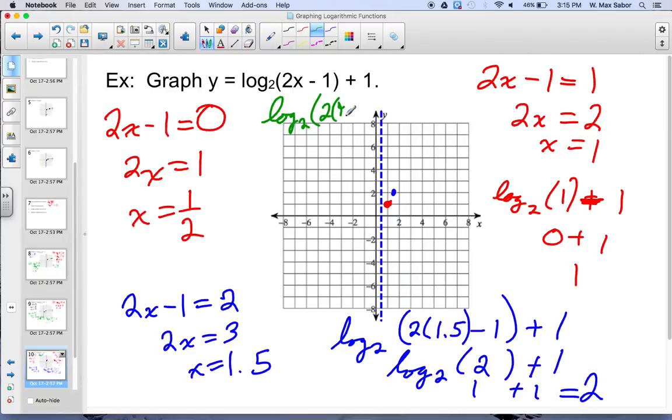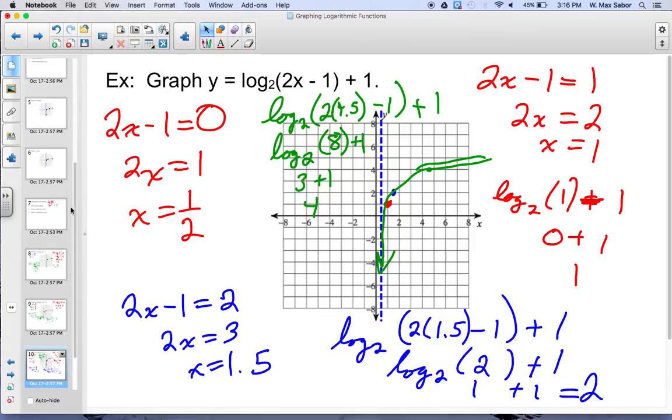Well, because we're talking about log base 2. If this were log base 3, I'd love for it to be 9. So this is 9 minus 1, which is 8. Log base 2 of 8, hopefully you know by now that is 3 plus 1, so 4. When we plug in 4.5, we get out 4. So now I'm getting a much better sense of what this logarithmic curve is going to look like. And there is my graph.